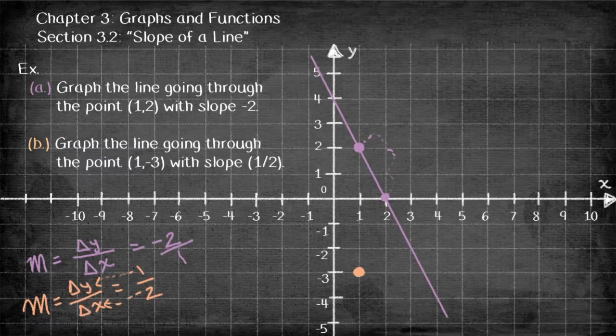So for the orange line, if I move 2 units to the right, then I'm going to be moving 1 unit up. And there we have our 2 lines. So it's not too bad to graph the line if you know the slope.